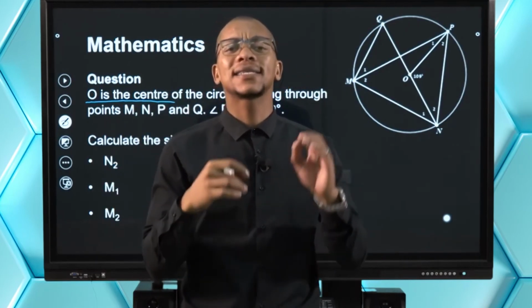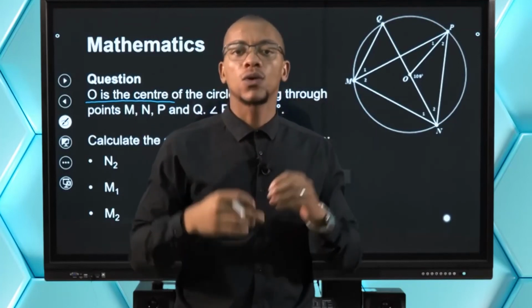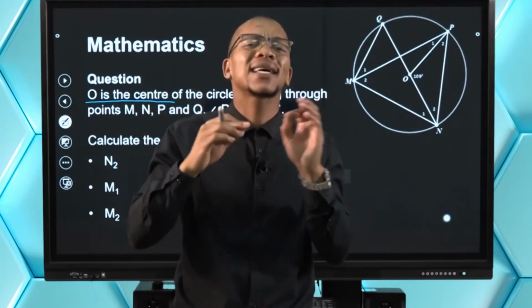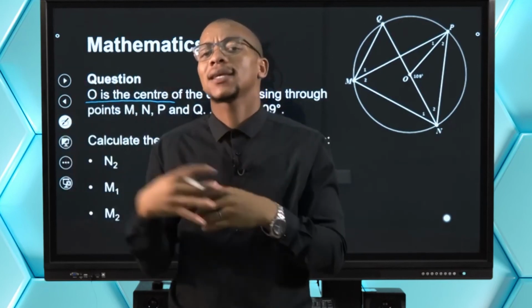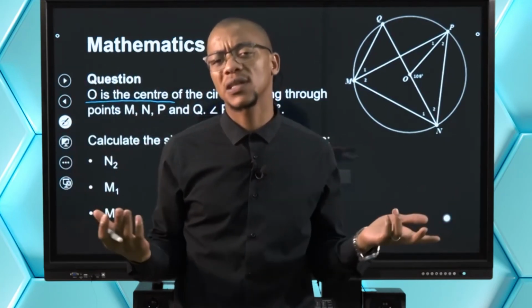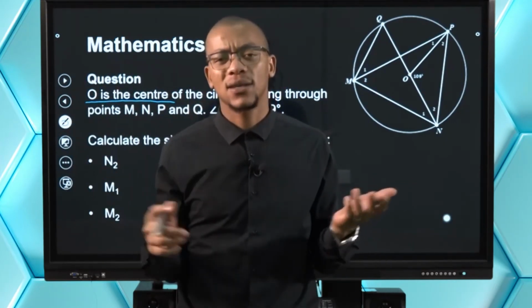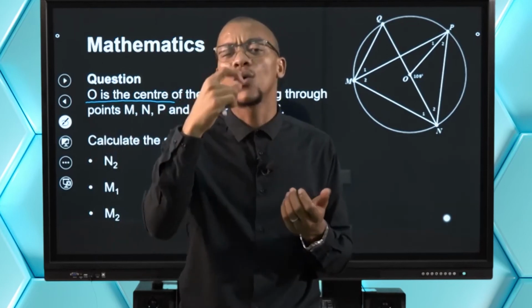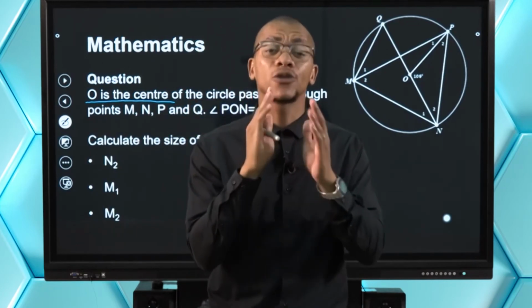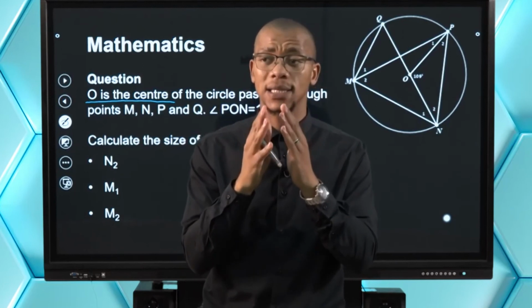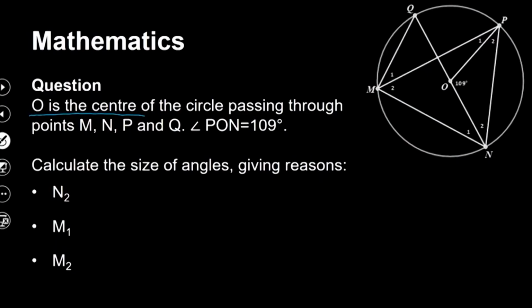Or I can say circle center O, or circle O. If I say circle O, it means O is the center. We normally use O most of the time to represent the center, because it's like the origin. So O, origin, right? But you need to be told that it is the center. So please note that.